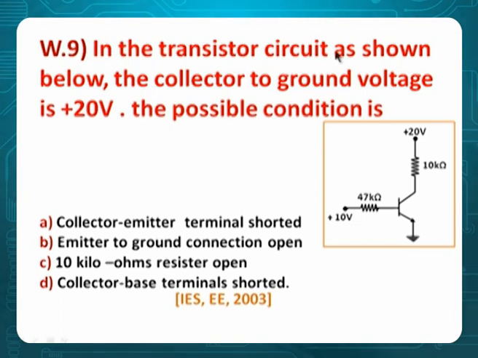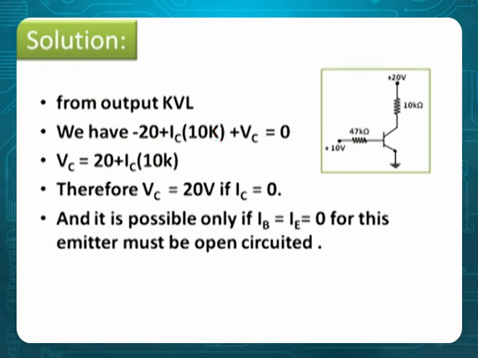Ninth problem. In the transistor circuit shown below, the collector to ground voltage is 20. What is the possible condition? Collector emitter terminal shorted, emitter to ground connection open, 10 kilo ohms resistor is open, collector base terminal is shorted. So what is happening here? Input is given, output voltage also given. We need to check how is the biasing.